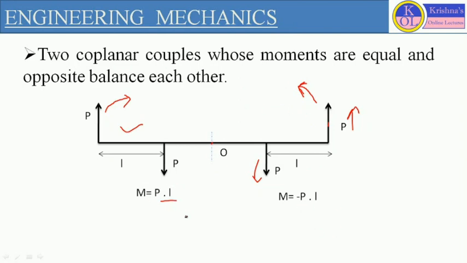So these two couples are equal in magnitude, P into L and P into L, but the minus sign represents the opposite direction. So both couples will balance each other. It will nullify the effect of both couples, or all the rotational effects of forces about a particular point.